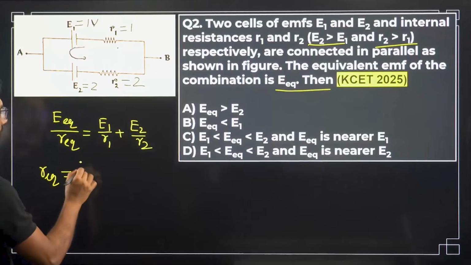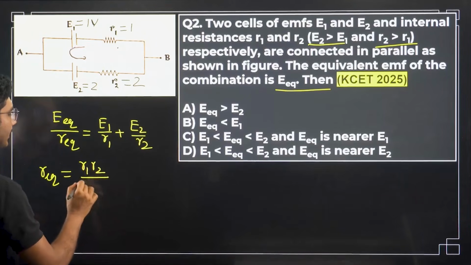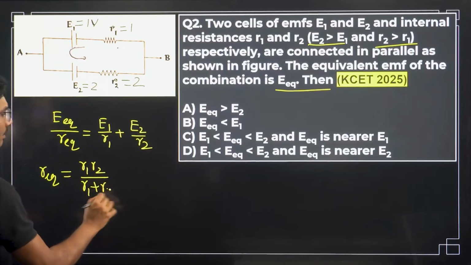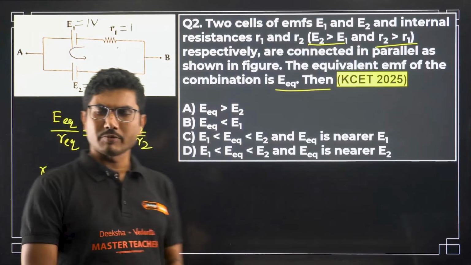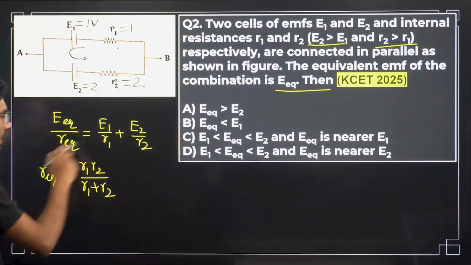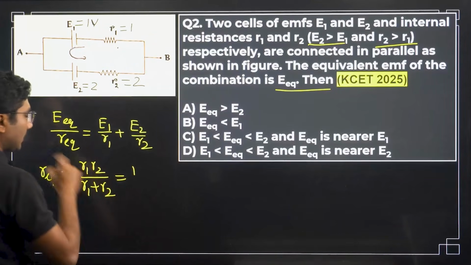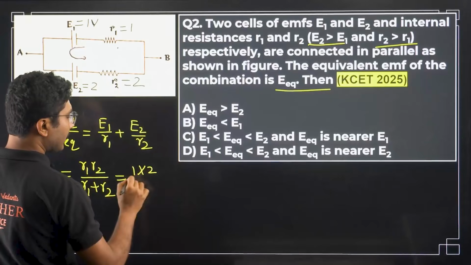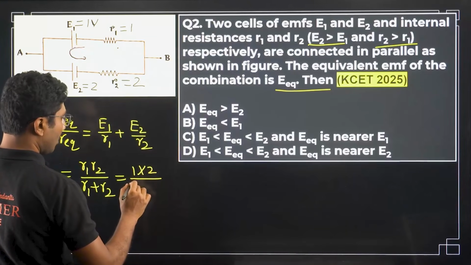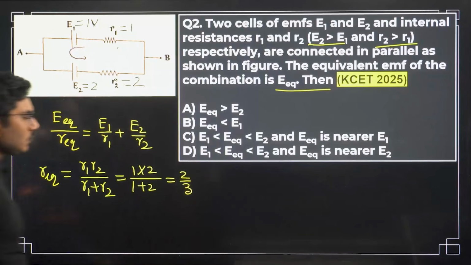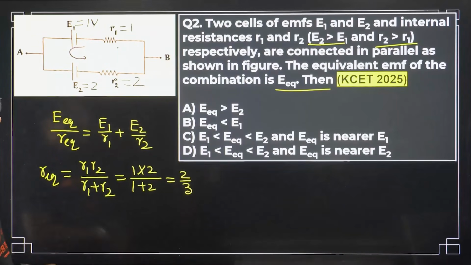Req is R1 R2 divided by R1 plus R2, because only two resistances are there, parallel combination of resistance. So we know that 1 into 2 divided by 1 plus 2 is 2 by 3. 2 by 3 is the equivalent resistance.